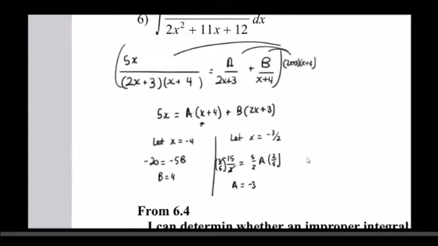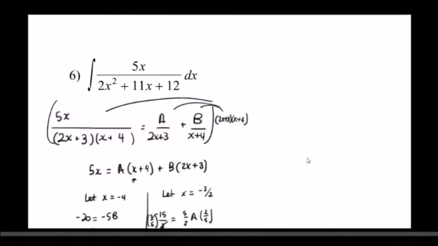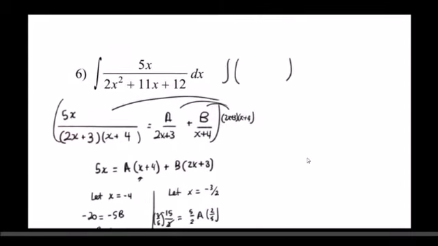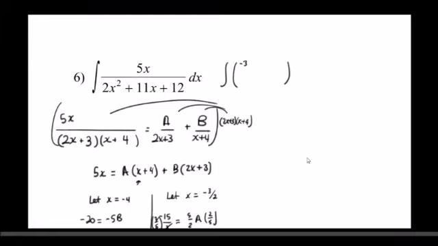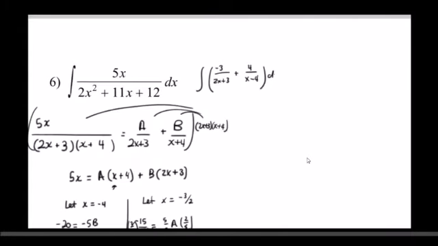So coming up here, this turns into the antiderivative of separate partial fractions. A was negative 3, so we've got negative 3 over 2x plus 3, and then B was 4 over x plus 4.